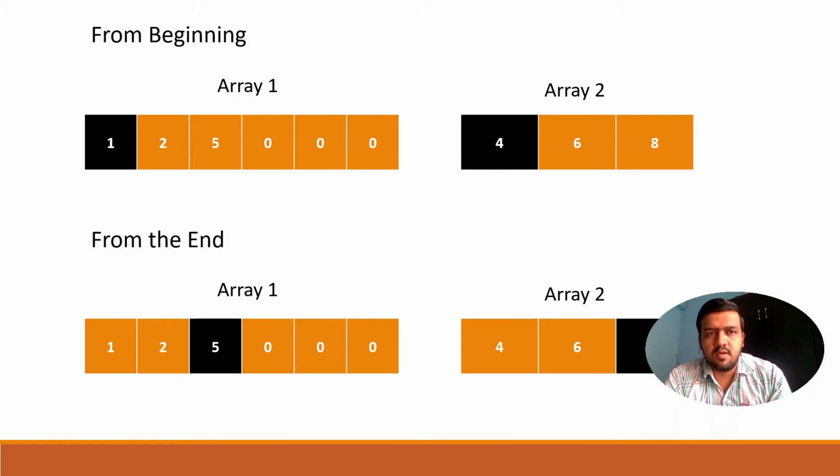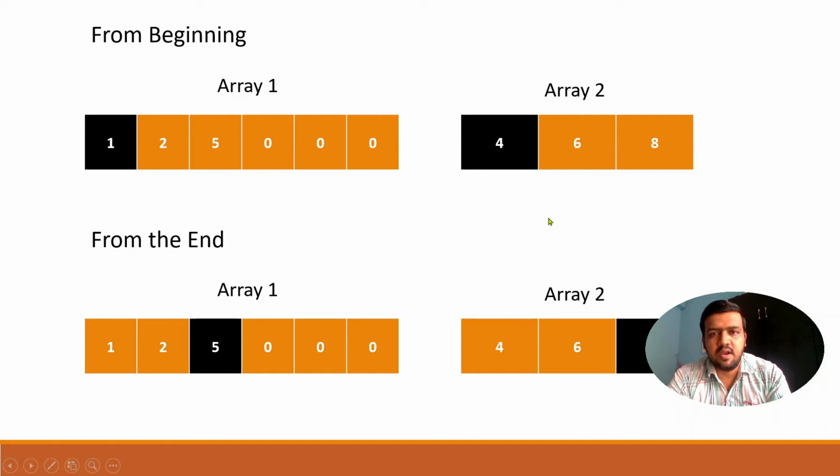If we start from the beginning, it seems logically fine that we will compare the two elements and then place them according to the greater than or less than condition. But if we start from the beginning, then we have to shift all the elements in order to fit the new element from the second list. Let's say I have this here.